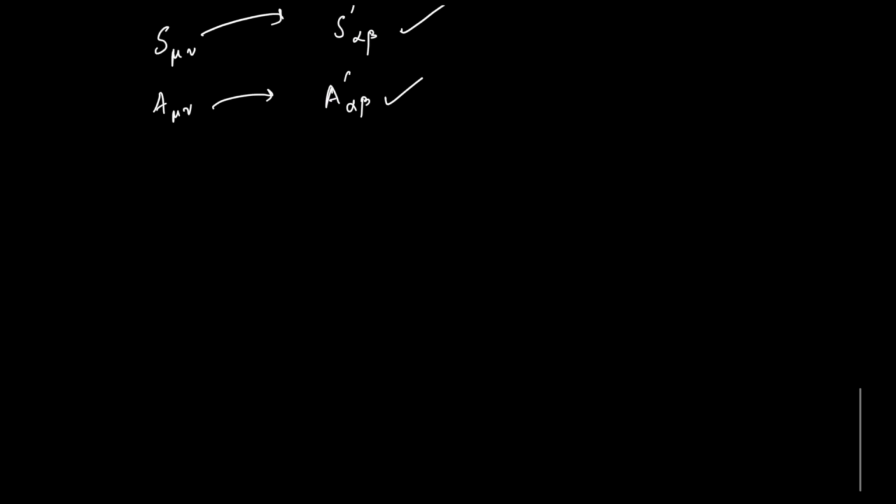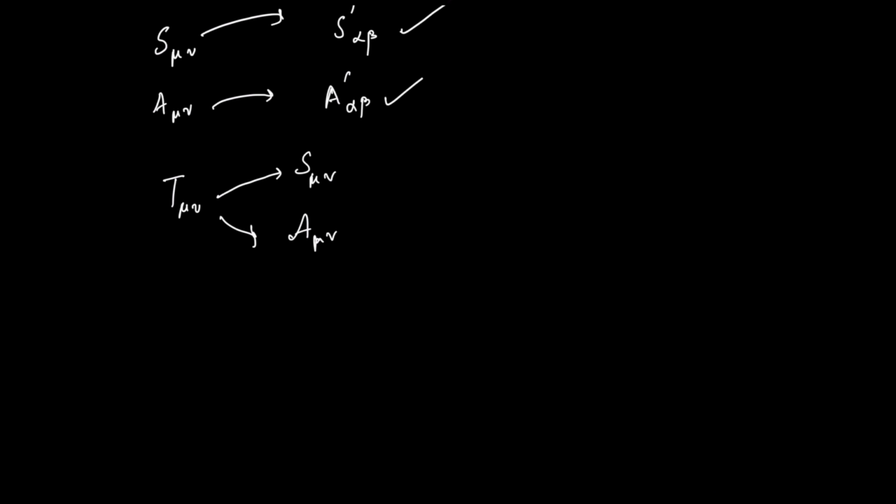Okay. And similarly, from any covariant tensor T mu nu, okay, which is of order 2, one can construct its symmetric and antisymmetric part. So any covariant tensor can be written in terms of its symmetric and antisymmetric part.